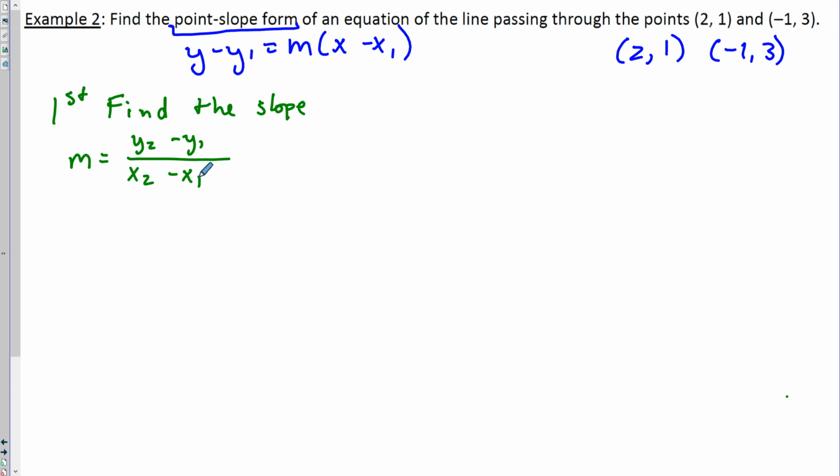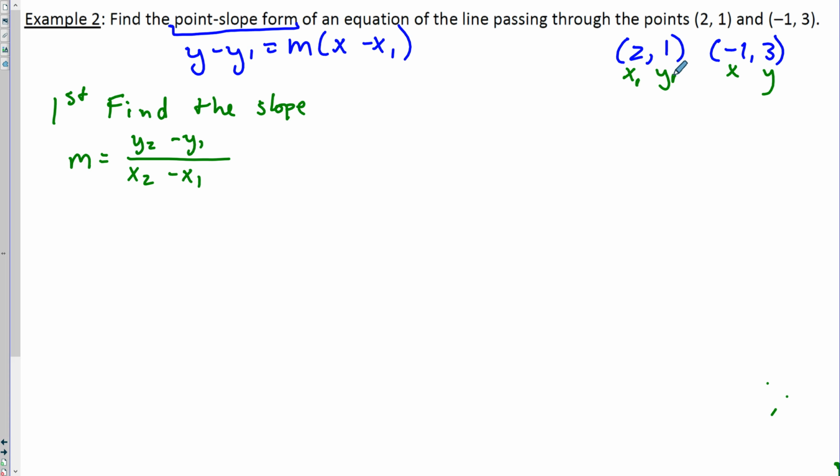And again, the y's and the x's that we're seeing, they do have subscripts, so they're referring to points here, the 2 points that we were given. The subscript of 1 is just referring to some first point, and the subscript of 2 to some second point. And there's no particular ordering here. It doesn't matter which one we think of as the first point or second point. The key thing is that whatever I decide a point to be, if this (2, 1) is my first point, this is my x1, then the y coordinate goes with that, right?